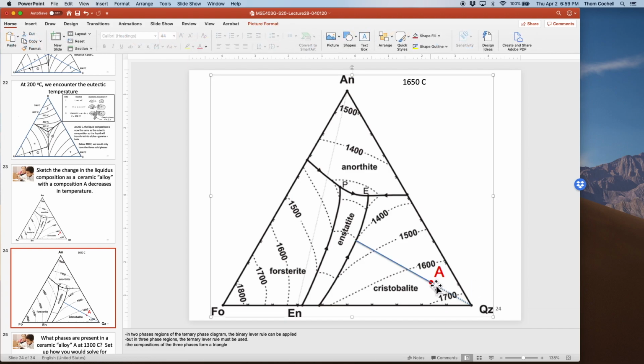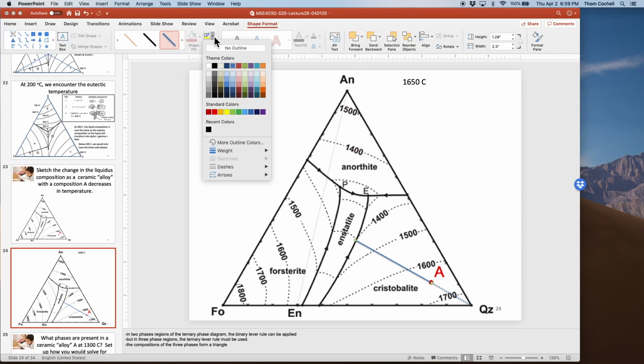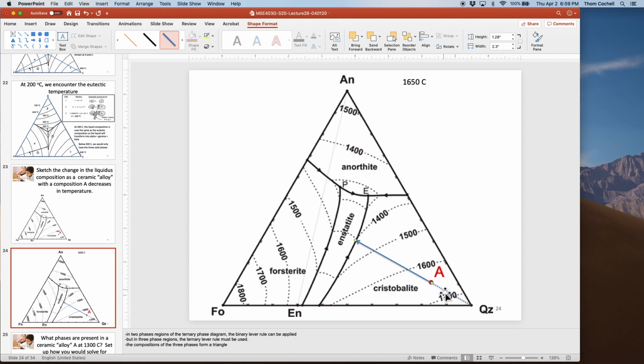It starts out at A, and then the liquid composition follows the trace of this line. The solid composition doesn't change, but the liquid is going to follow this crystallization path. Let me make this an arrow.